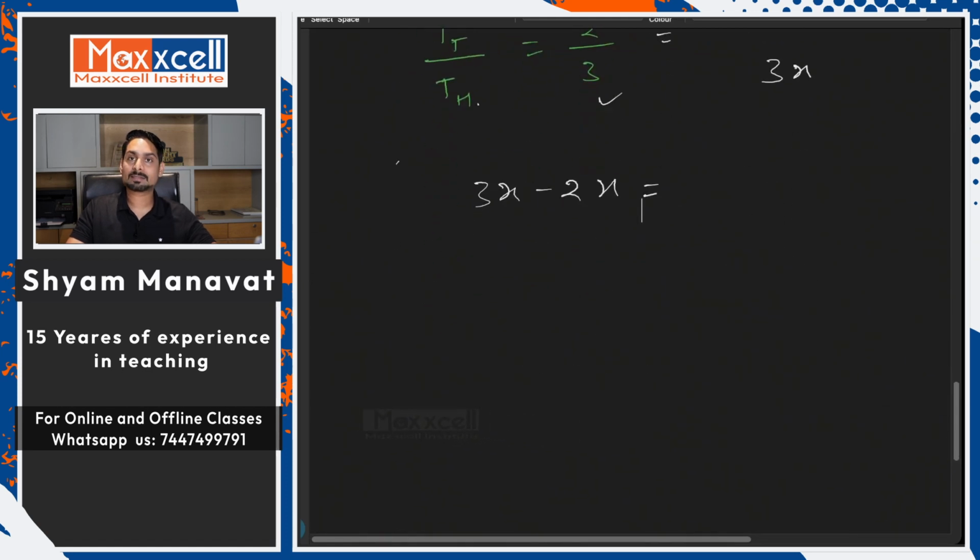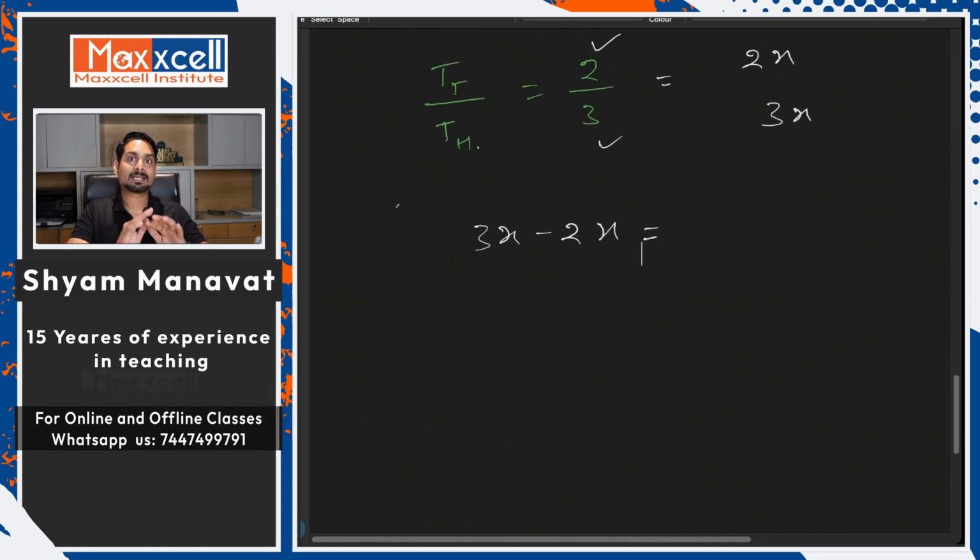Because the tiger has wasted 12.5 minutes. Had the tiger not wasted this much time, the horse would have taken 12.5 minutes extra to reach point B. So the time difference is actually 12.5 minutes.